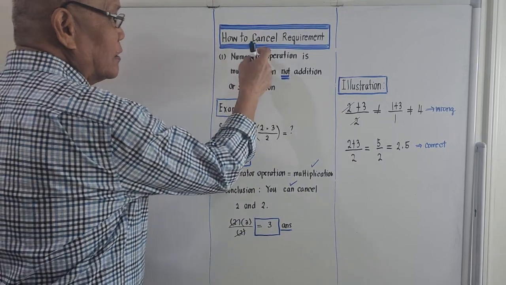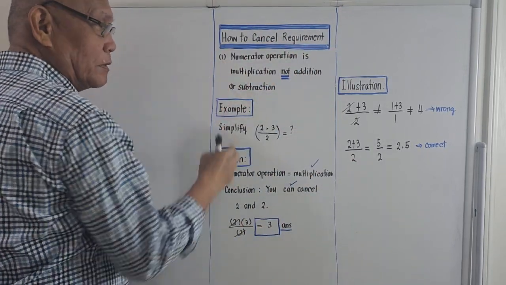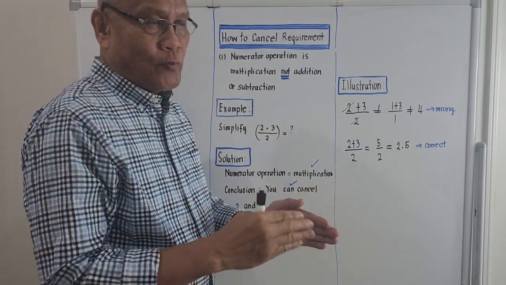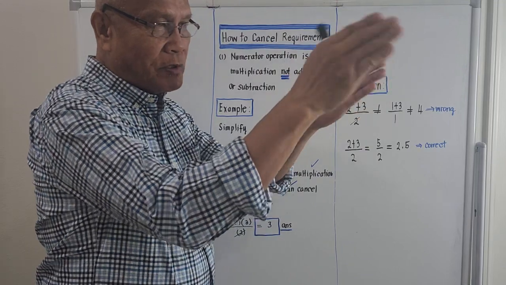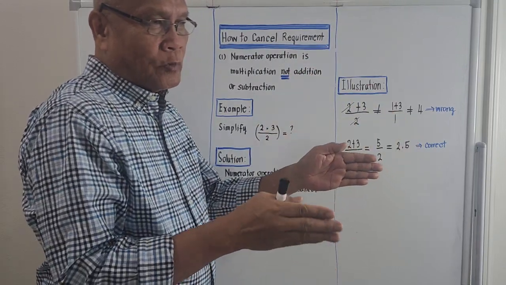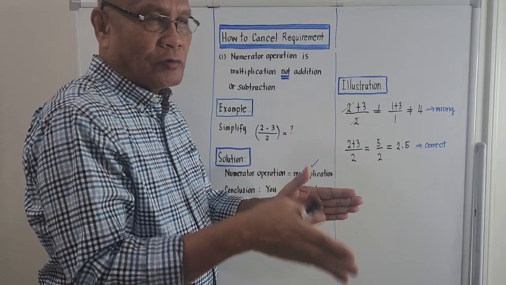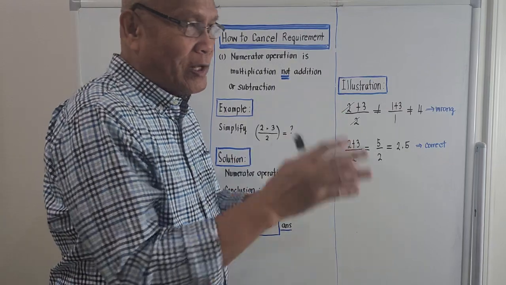How to cancel requirement. Number one, meaning how to cancel if we are given a fraction and we got some terms on the numerator and some terms on the denominator. To avoid the cancellation error, the proper concept should be the one I will be explaining.